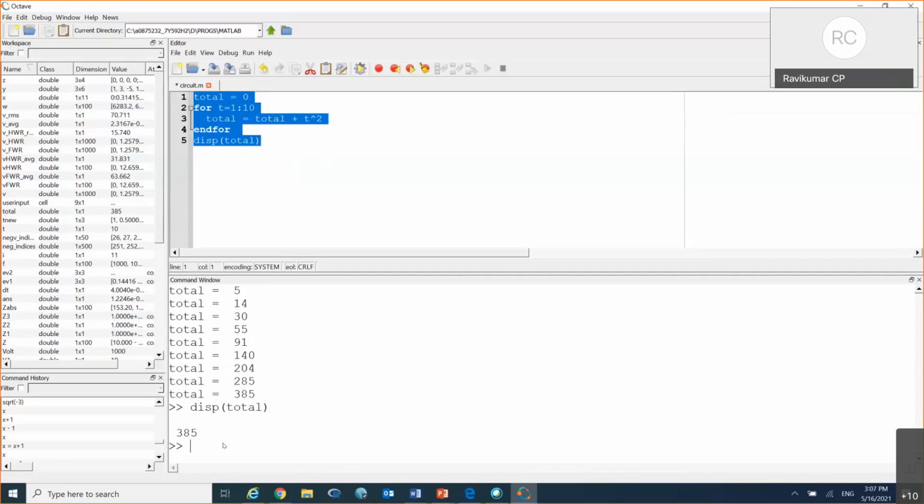So this is another example of for loops. But frankly, you didn't have to do this. You just have to take 1 to 10 as it is, and then square each element by putting this and then put sum. So this is good enough. You really didn't have to write a for loop. So please know that, try as far as possible to avoid for loops.